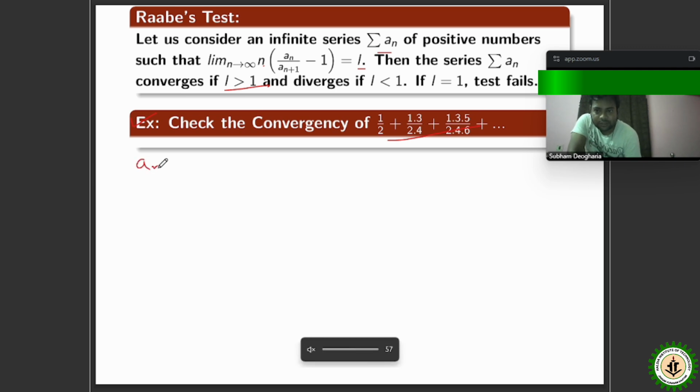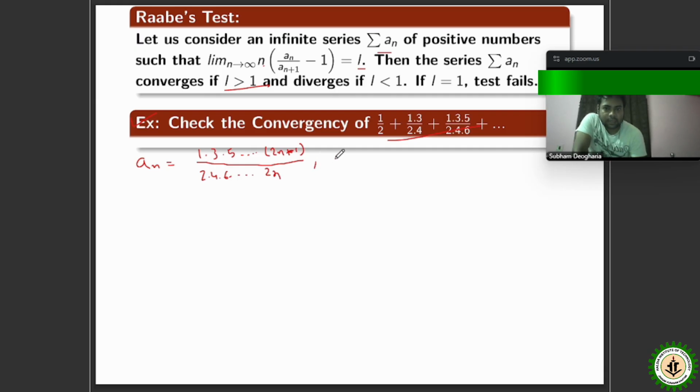So the nth term will be a_n, which is equal to 1 into 3 into 5 into dot dot dot 2n minus 1, sorry, by 2 into 4 into 6 into dot dot dot 2n.